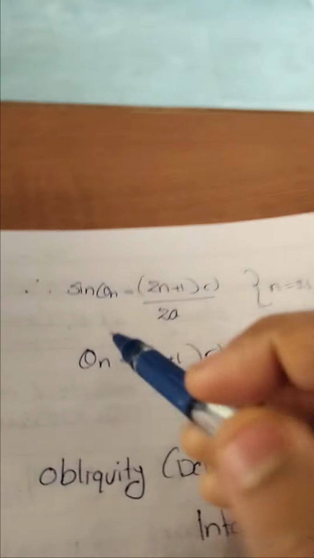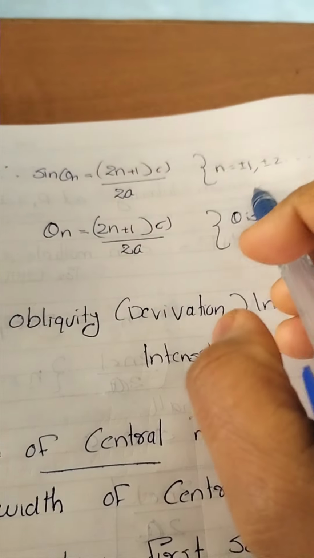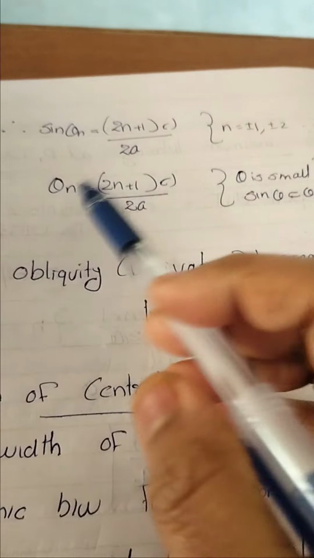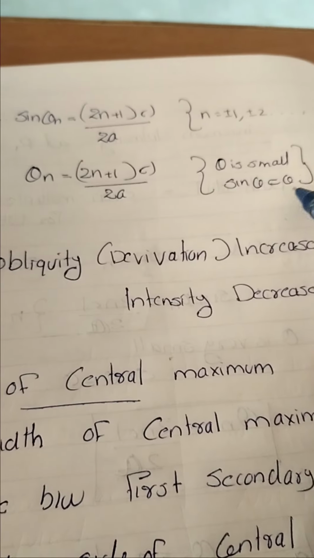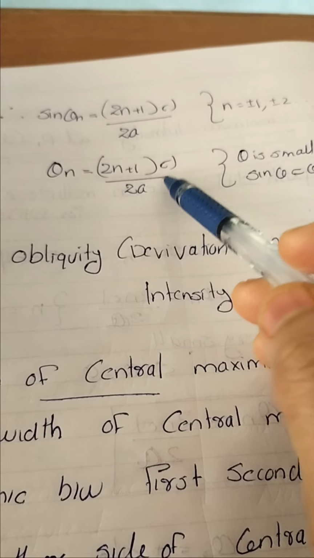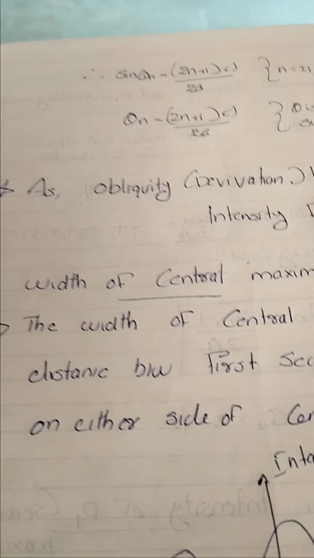So we should get the arrangement: sine theta n equal to 2n plus 1 lambda by, this a will go to that side, 2a. What is this n? Plus or minus 1, plus or minus 2, like that. Maybe theta is very small, sine theta equal to theta. So theta n equal to 2n plus 1 lambda divided by 2a. So we get the general expression for secondary minimum and secondary maximum.